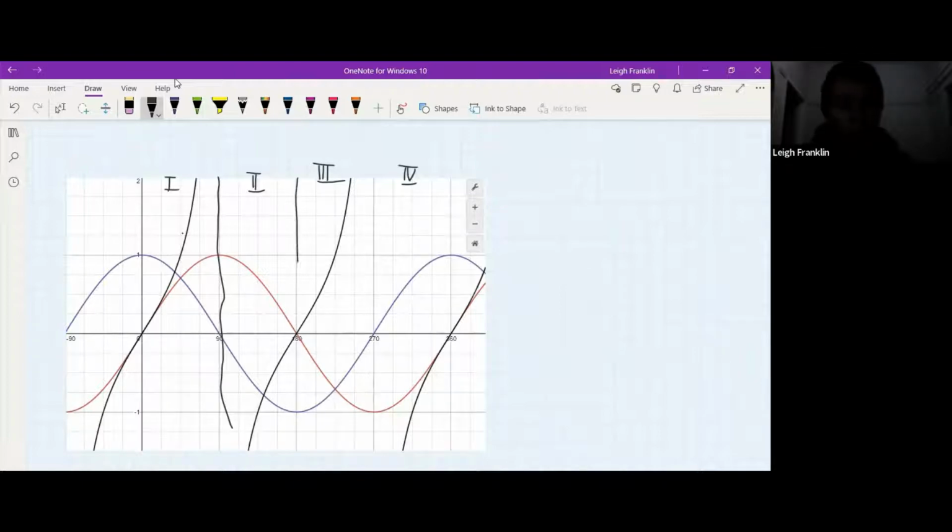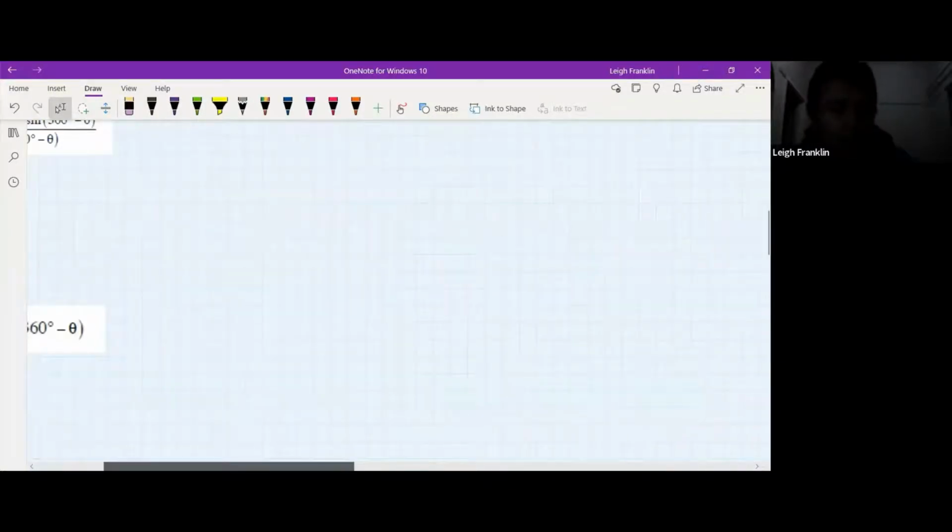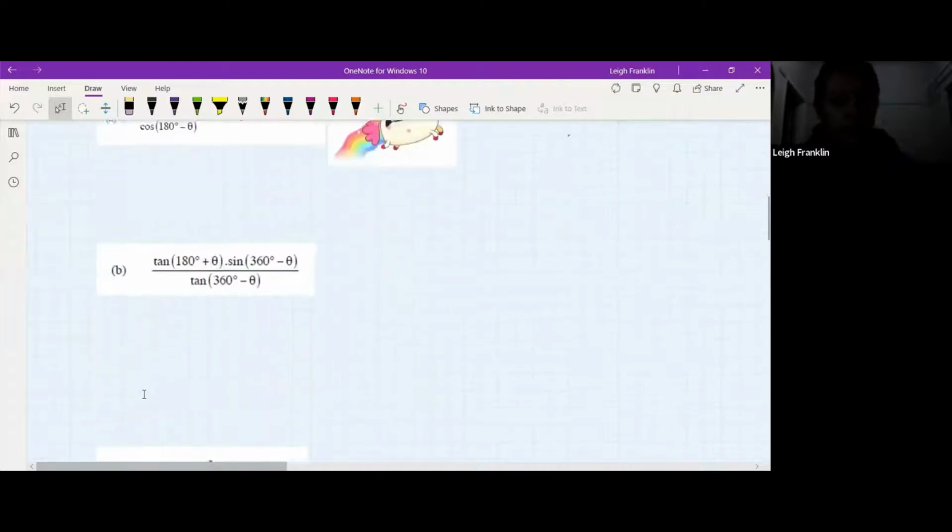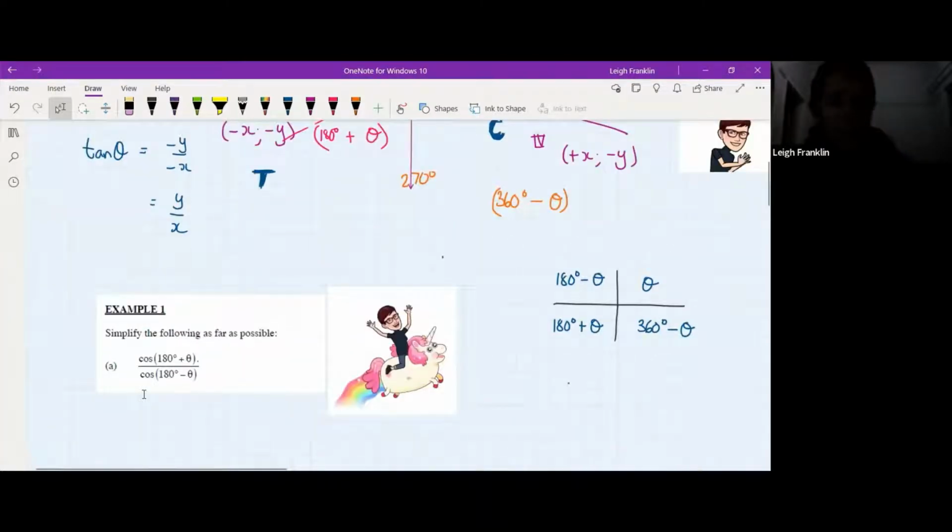In quadrant number 3, the tan function is above the x-axis. In quadrant 4, the tan function is below. So our CAST diagram makes sense in terms of what we've been taught, but it also makes sense in terms of our graphs as well. I think that's really important to see, and I hope that puts things together for you nicely.